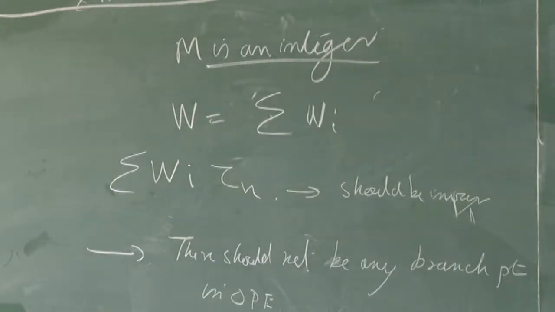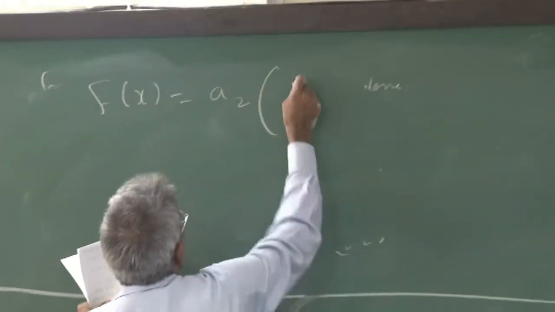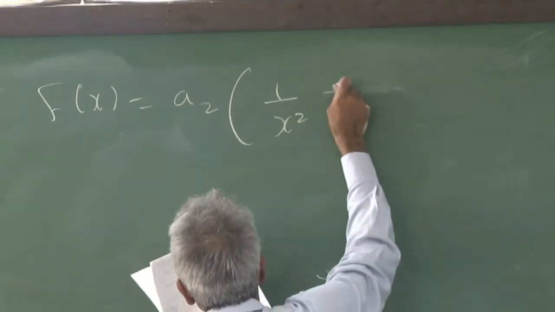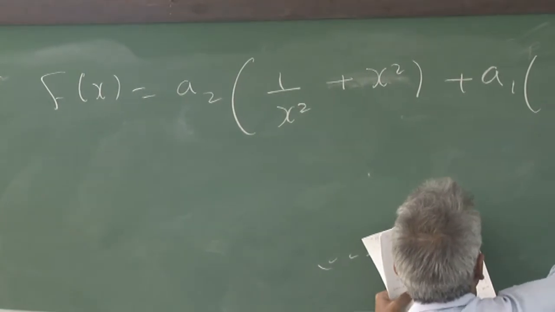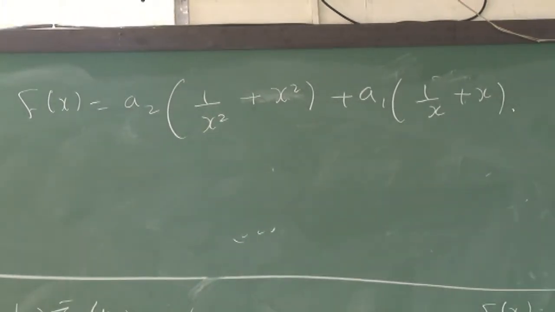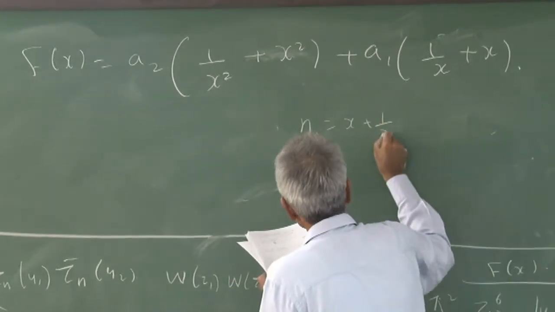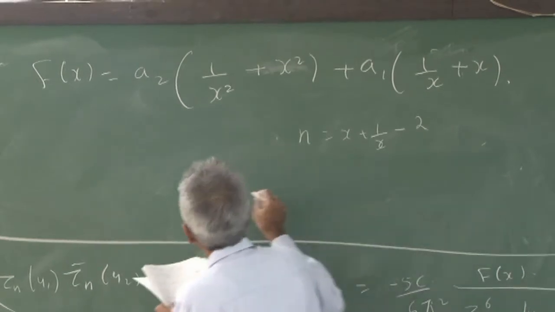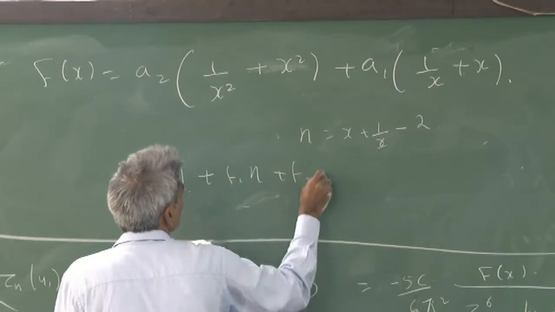So let me write it out. What's the form for f? So f of x is equal to a to 1 by x squared. So it has to have that x going to 1 by x symmetry. So this is the possible option, and you can rewrite it by another cross ratio by introducing this, and so it is basically something like 1 plus f1 eta plus f2 eta squared.